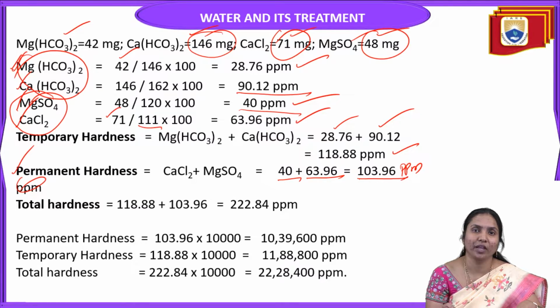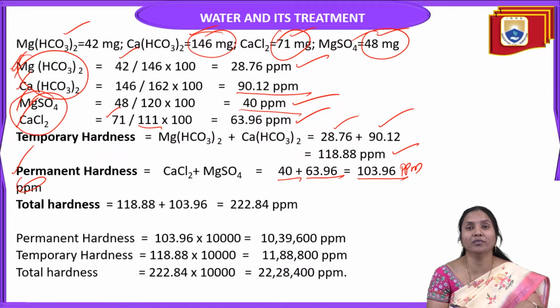So the temporary hardness of the given water is 118.88 ppm and the permanent hardness is 103.96 ppm. Total hardness means temporary hardness plus permanent hardness of water.